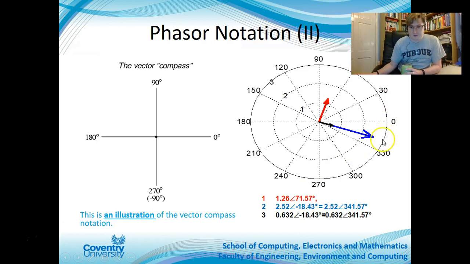So you start at 0 and you go back down to the minus 18 point there. And the black vector is 0.632 at a phase angle of minus 18.43 again. So it's exactly the same as the blue one, except it's smaller in magnitude, which is why these two are overlaying each other.